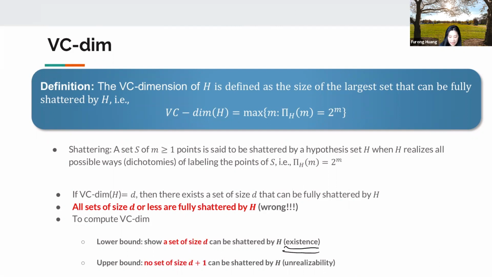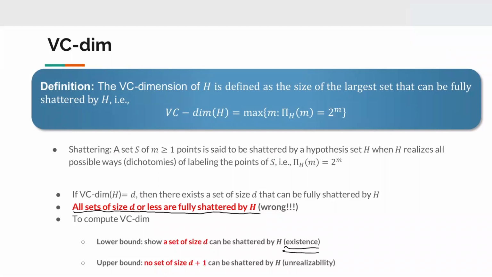We're showing that a set of size D can be shattered by H, but I'm not saying any set of size D can be shattered by H. That's why we say that all sets of size D or less are shattered by H is wrong. Okay? Does that answer your question, Michael? Yes, thanks. Okay. Any other confusions about this?